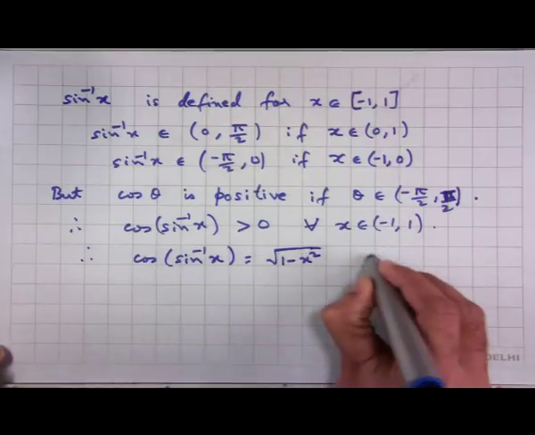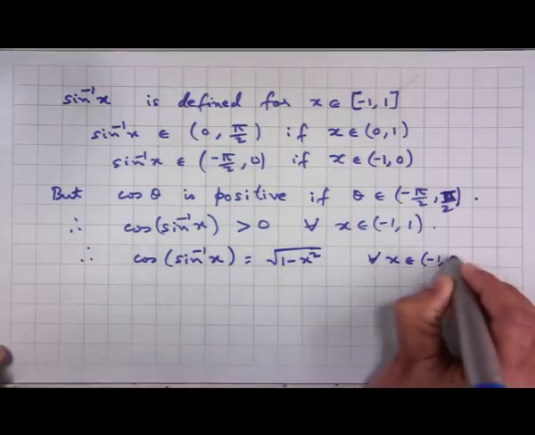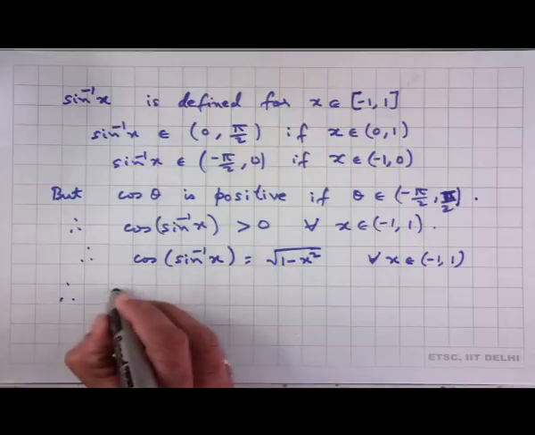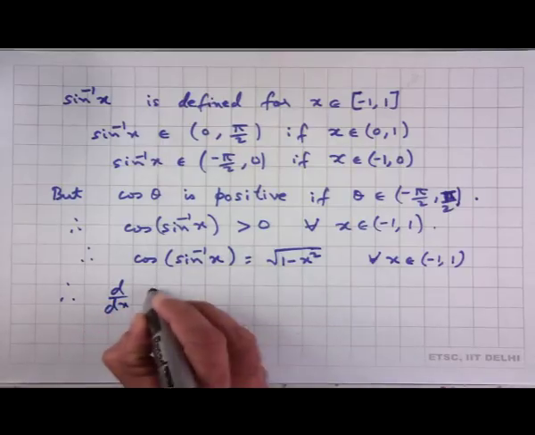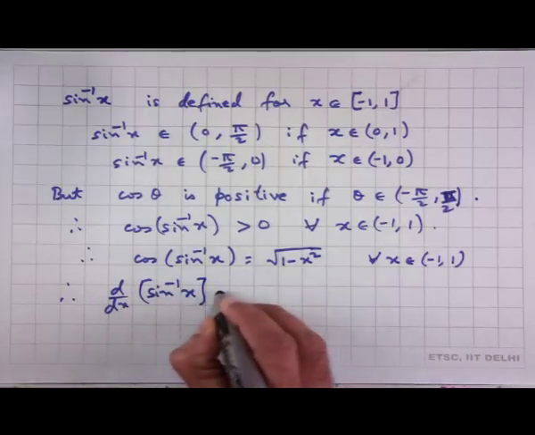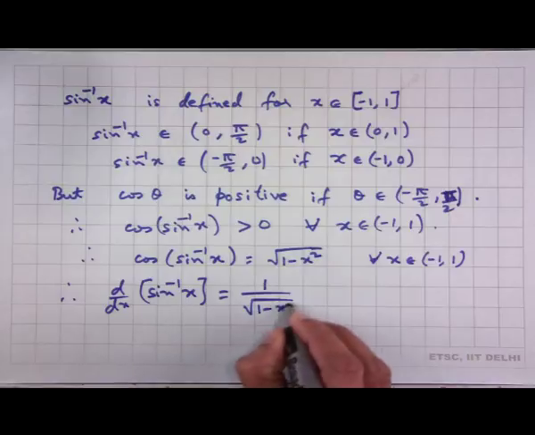This is true for all x in the closed interval minus 1 1, but then so therefore, the derivative d by dx of sine inverse x is equal to 1 by square root of 1 minus x square.